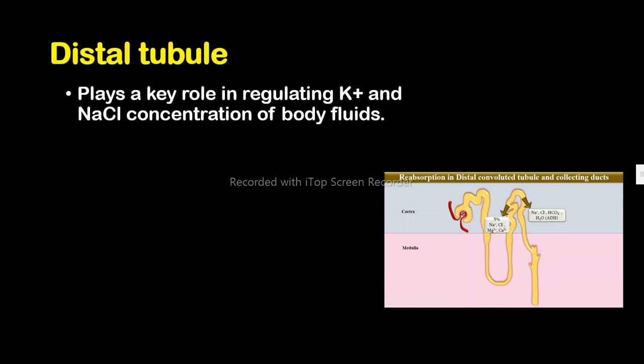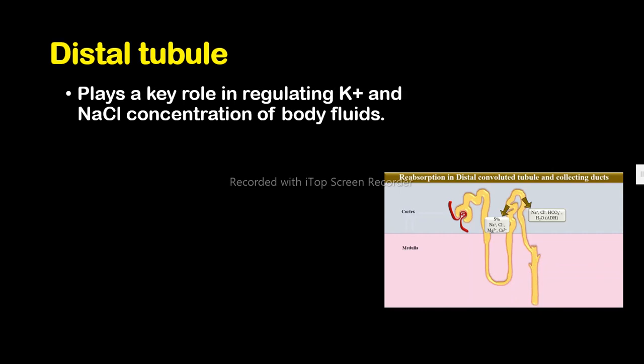So the distal convoluted tubule plays some key part as far as water absorption. It's not that key as compared to the descending limb and the collecting duct, but it also plays some part as far as water absorption is concerned.